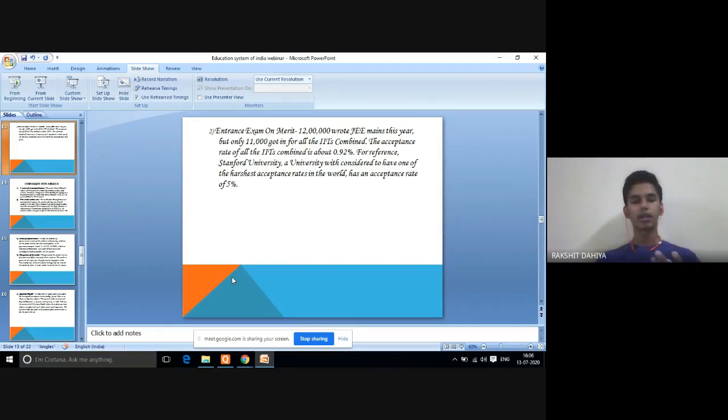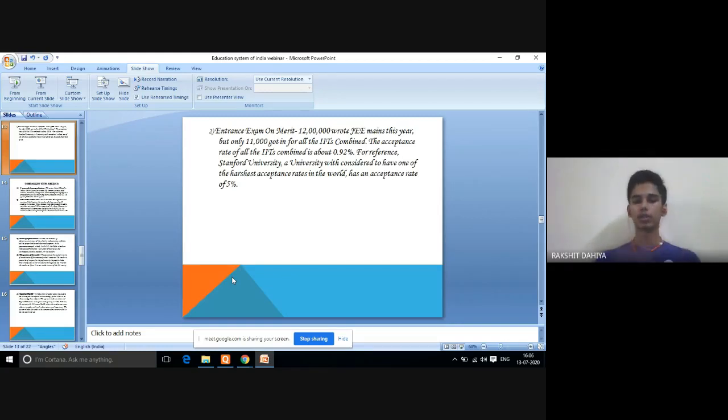Children are just dying to get into it, but they are not able to because the acceptance rate is just 11,000. We can all see that 12 lakh people wrote the exam, but only 11,000 got admission. This is what the acceptance rate tells us.